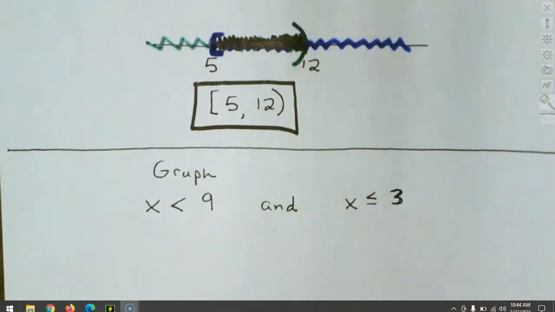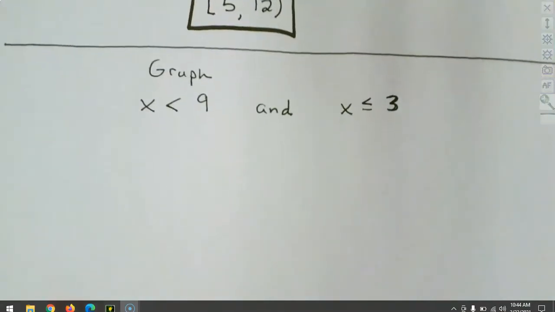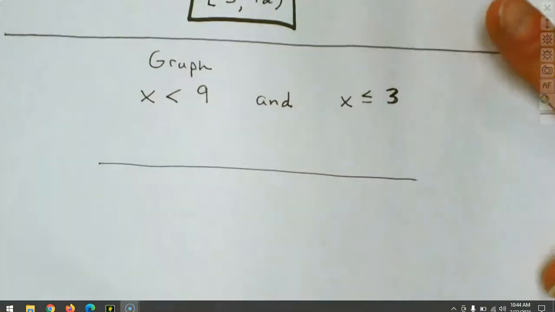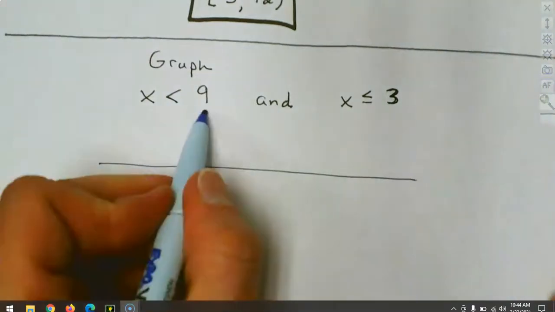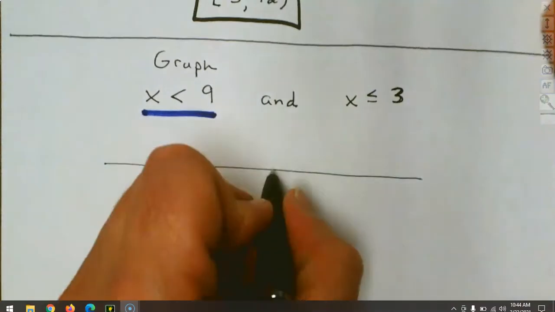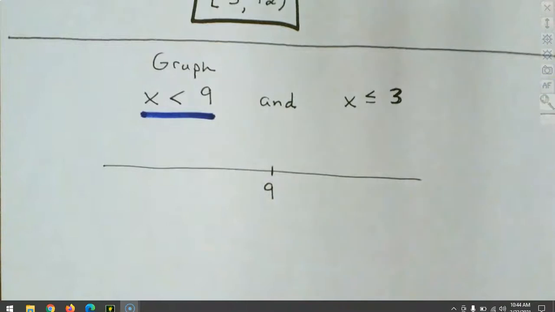This is another example that you may encounter. First one, we'll graph it in blue. So x is less than 9. Here's my 9. It's pointing to the left.